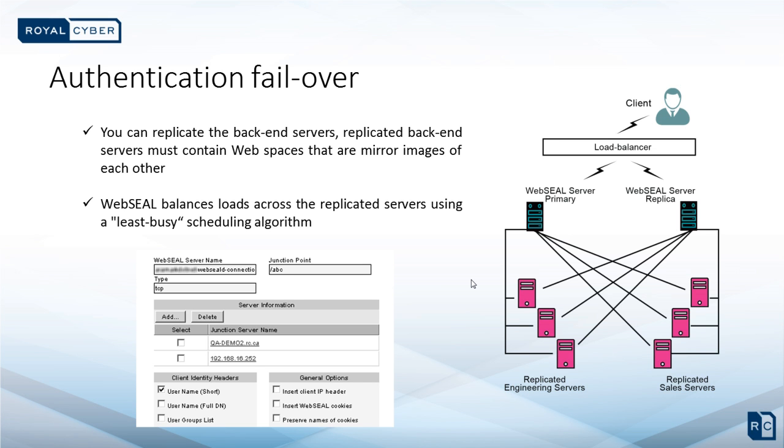So WebSEAL load balances across replicated servers using a least-busy scheduling algorithm, and this algorithm directs each new request to the server with the fewest connections already in progress. Now, WebSEAL also correctly fails over when a server is down and starts reusing the server after it has been restarted. So if the backend application requires its state to be maintained over several pages, stateful junctions can be used to ensure that each session returns to the same backend server.